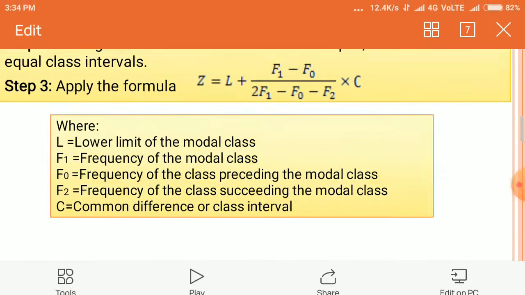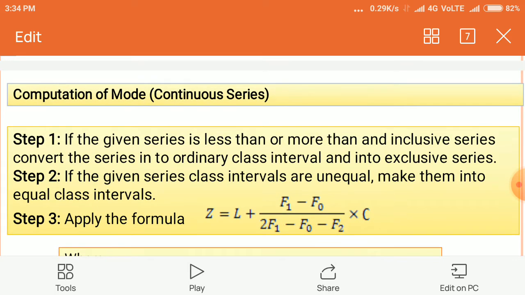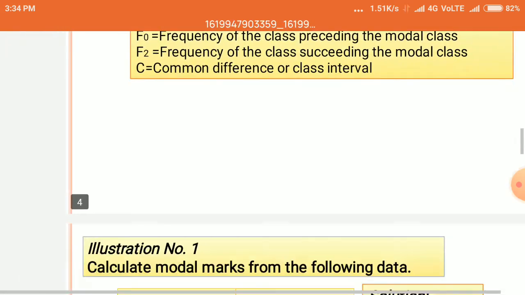So these are the three steps to be followed while calculating mode for continuous series.